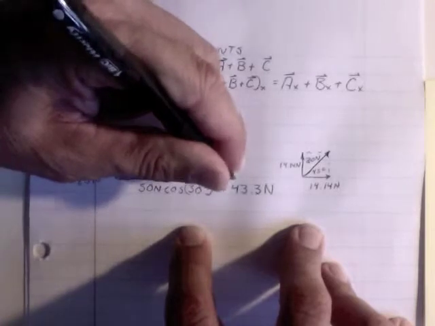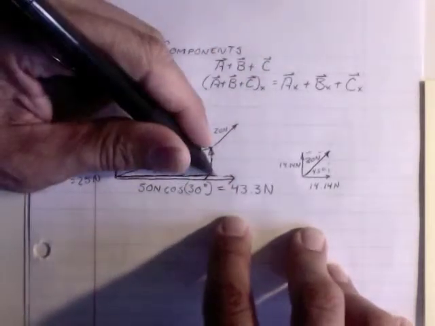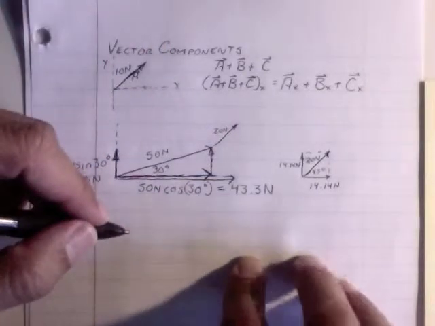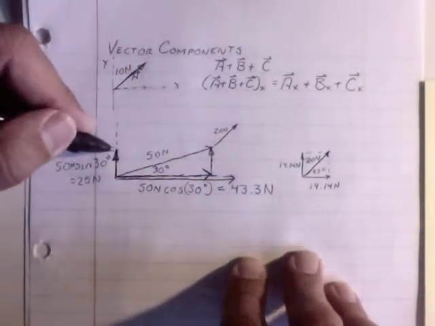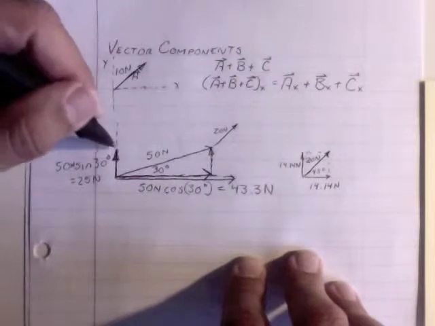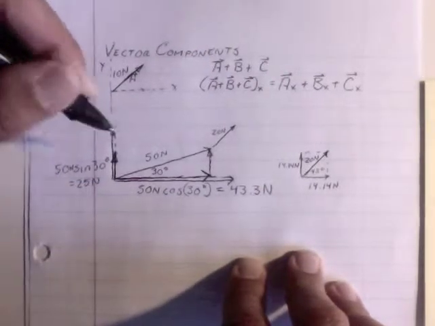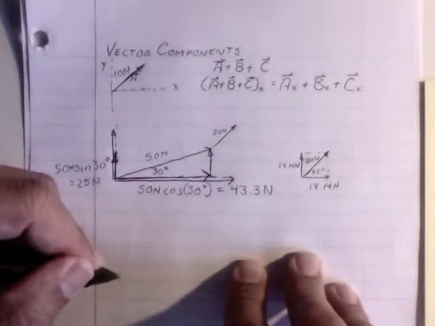The x component of the sum of those is going to be 43.3 plus 14.14. And then the y component is going to be 25 plus 14.14. Let me draw that down here.